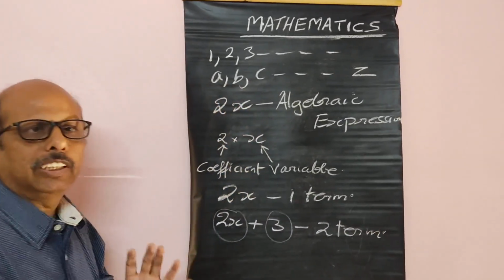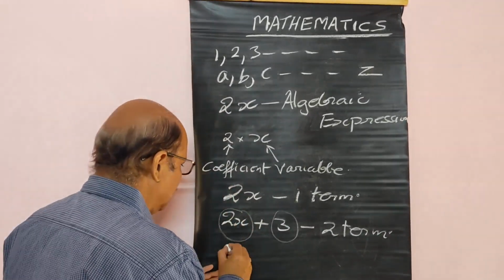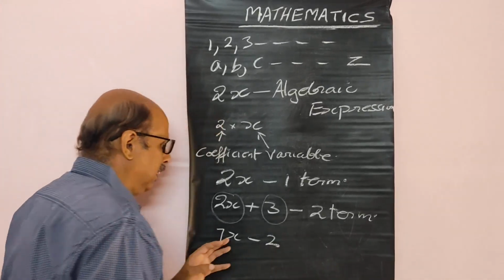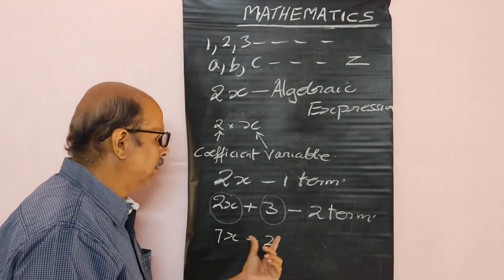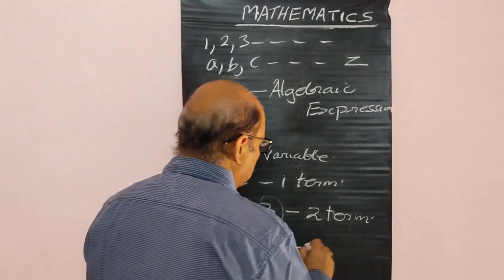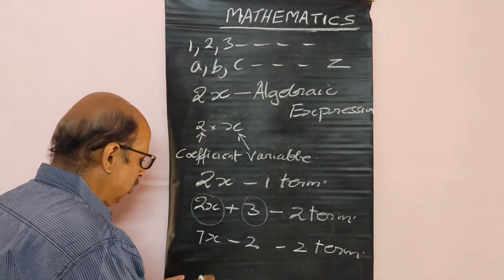Terms are differentiated with either a plus sign or a minus sign. I can write it as 7x minus 2. Here 7x is one term, minus 2 is the second term, so it is also a two-term expression.